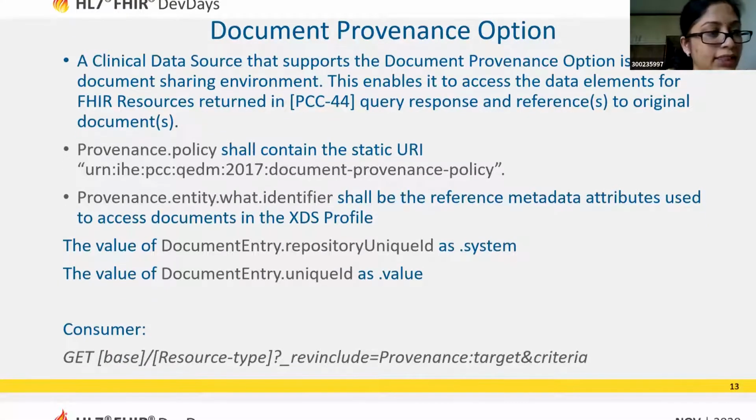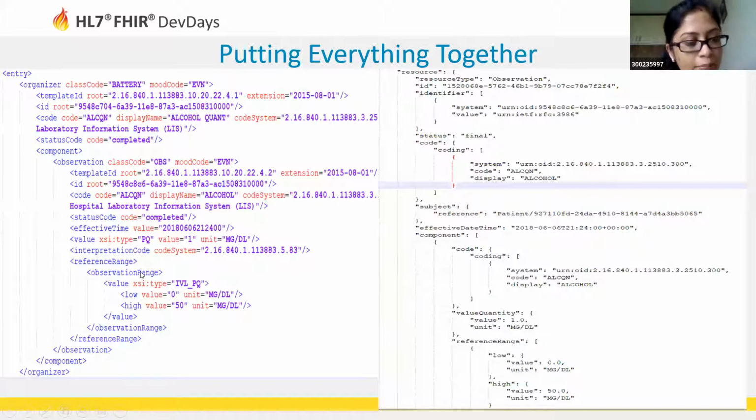So putting all these things together, this is a sample CDA. In this session, I've not touched upon the mapping part, the approach we use towards mapping the CDA elements into FHIR, because that was already covered yesterday. There are multiple approaches existing for that, and this is how it looks.